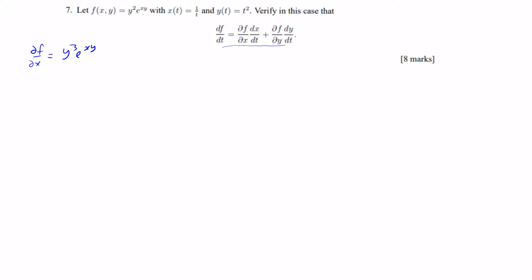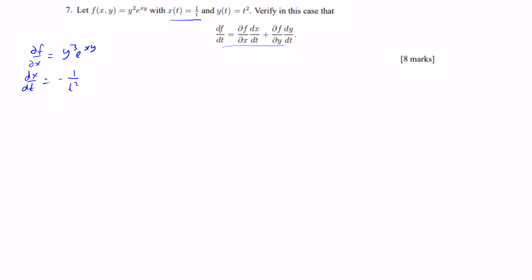Then we've got dx by dt. So looking here, we can say that that is negative 1 over t squared. If you think of that as t to the minus 1, multiply it by the power, so minus 1, and then decrease the power by 1.